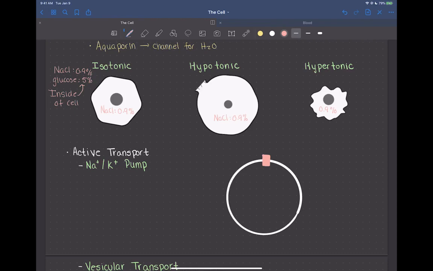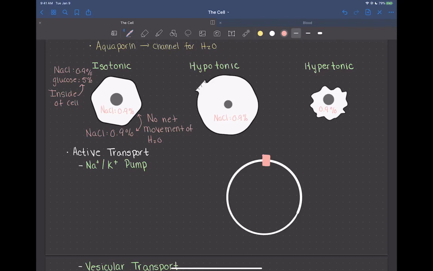If we take a cell and drop it into a solution that has a salt concentration of 0.9%, just like the cell itself, then so far as water is concerned, there is no net movement of water. Water is not rushing out of the cell, and it is not rushing into the cell.